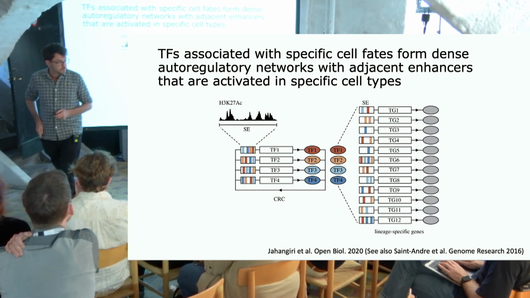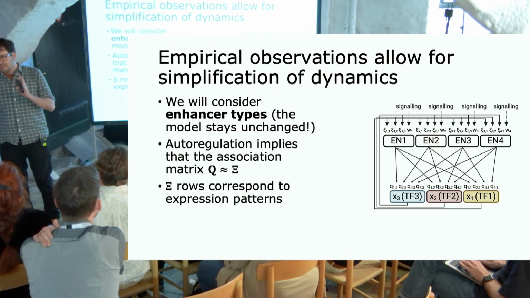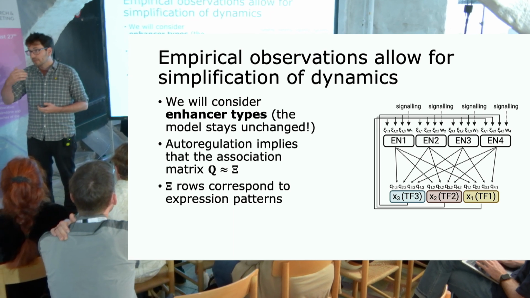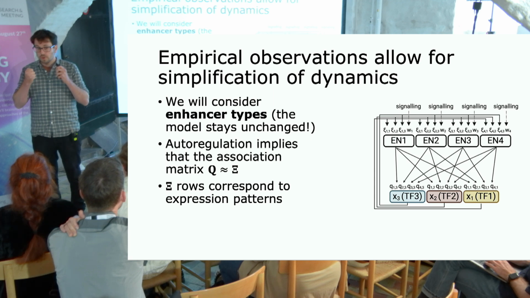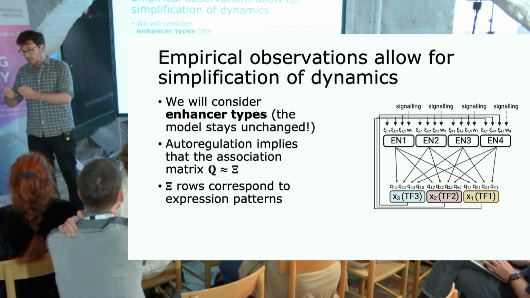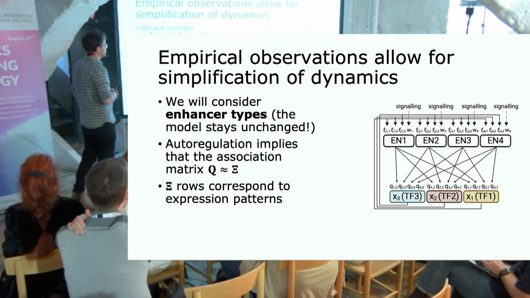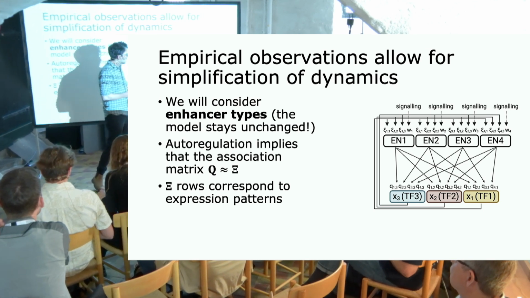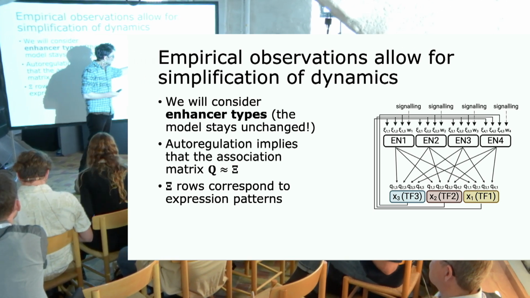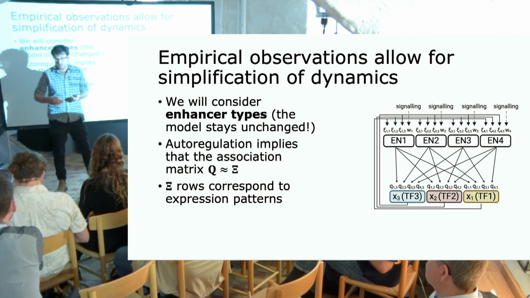So what we can do is, first of all, with some algebra magic, we can say that our model doesn't capture physical enhancers, but it captures enhancer types. It's about the binding profile to the enhancer. The other thing we can show is that there's some sort of a fundamental symmetry in this network, where the coupling of a transcription factor to the enhancer is similar to the binding of that transcription factor to the enhancer.